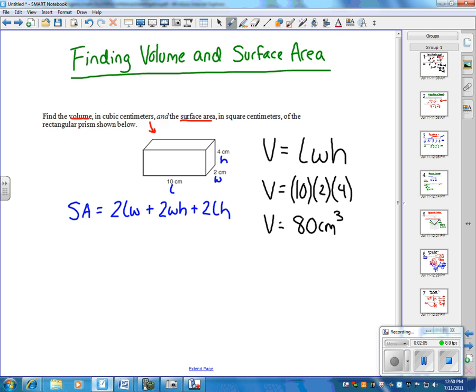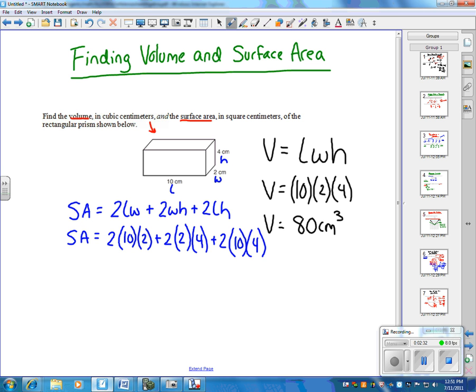Now I'm going to go ahead and substitute. So for this formula, we got 2 times 10 times 2, plus 2 times 2 times 4, and then plus 2 times 10 times 4.